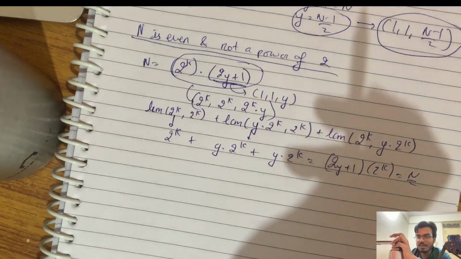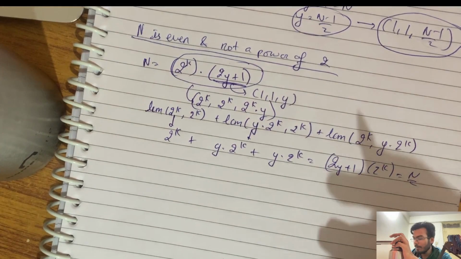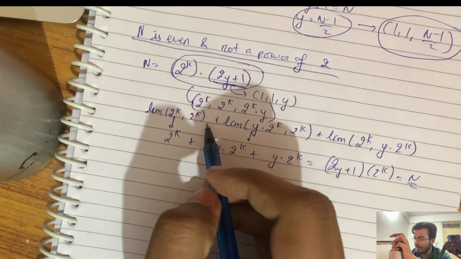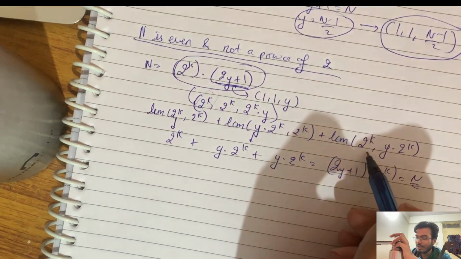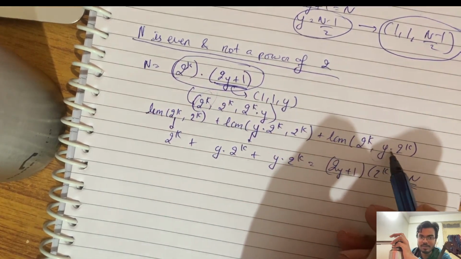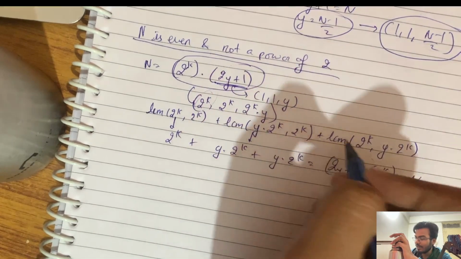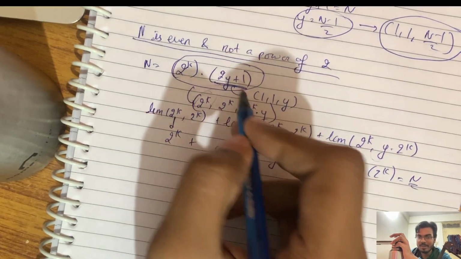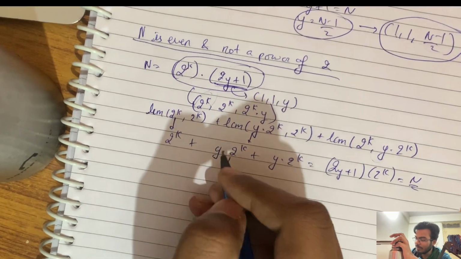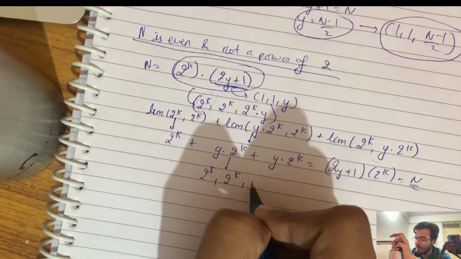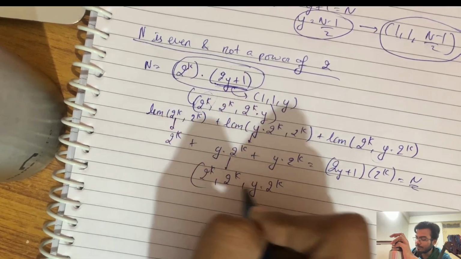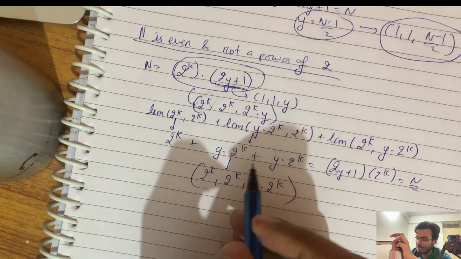And if it is an even number but not a power of 2, first we need to calculate our k value, this 2^k value. After that we have to figure out our y, the 2y plus 1, or I can say this odd part, and then my solution will be 2^k, 2^k, and y into 2^k, right? So that is our solution.